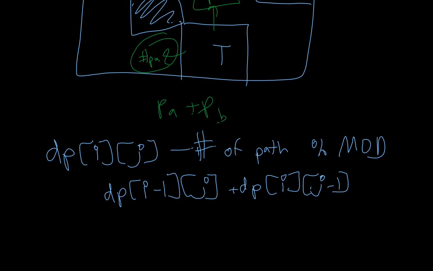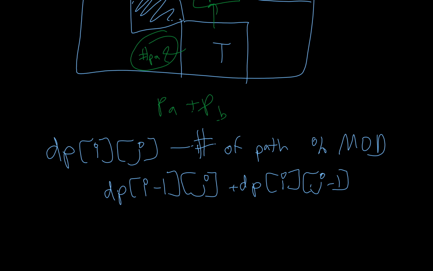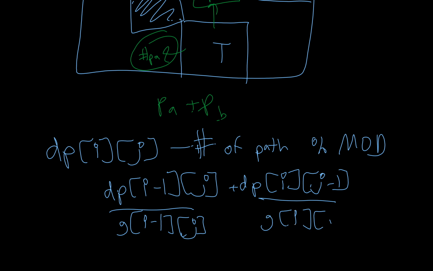And all we need to check is if either grid of i minus 1, j or grid of i, j minus 1 is equal to a pound sign, then these values are 0.